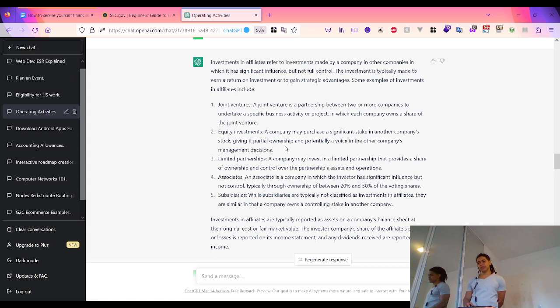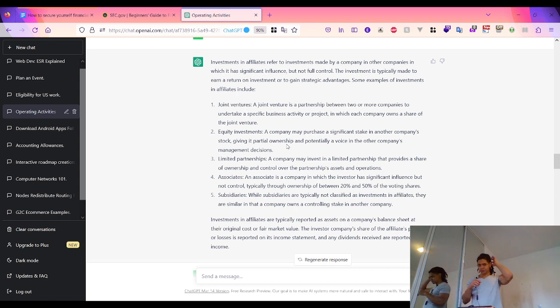Limited partnership, in contrast with joint ventures, where there are two companies, which is a partnership between two or more companies to undertake a specific business activity or project, where each company owns a share of the joint venture.